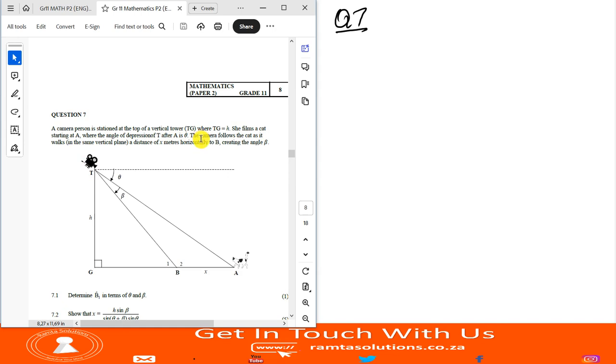The camera follows the cat as it walks in the same vertical plane, a distance of x meters horizontally to B, creating the angle beta. Now, 7.1, determine angle B1 in terms of theta and beta.